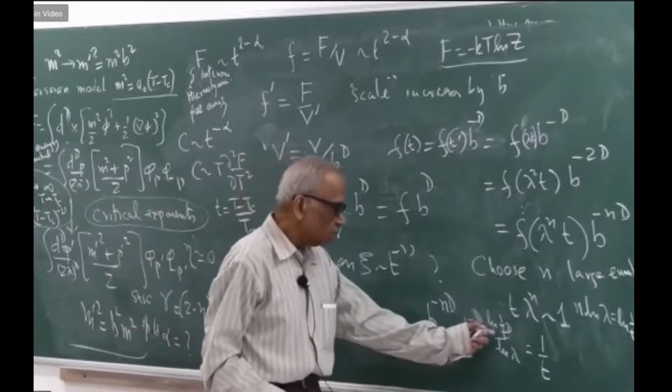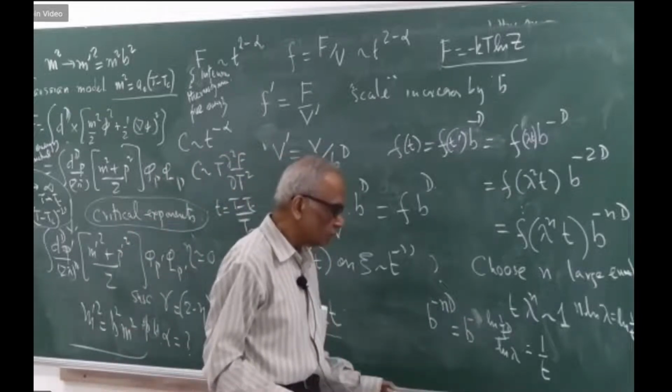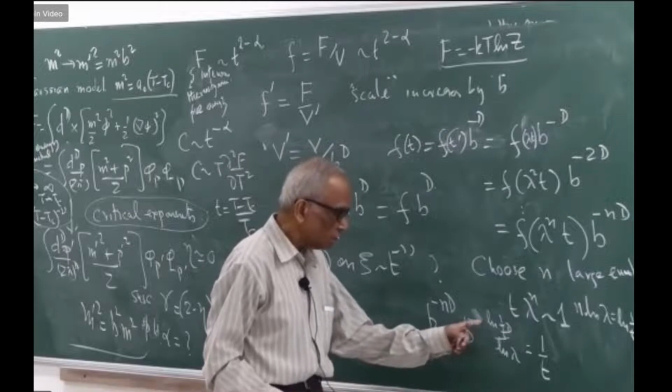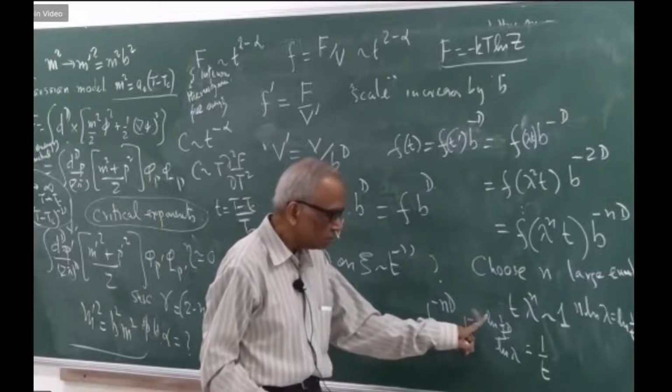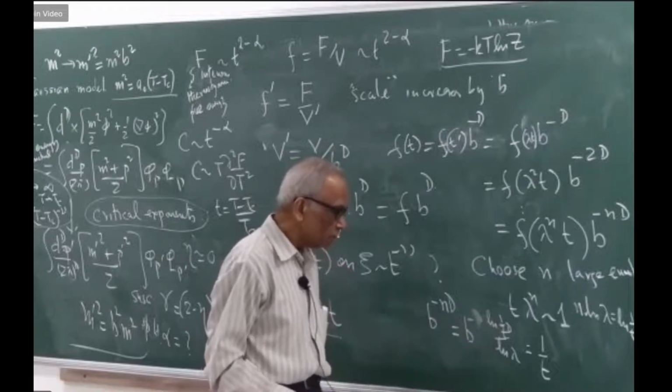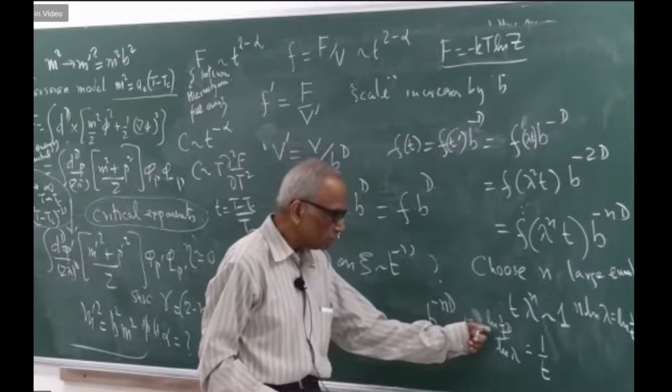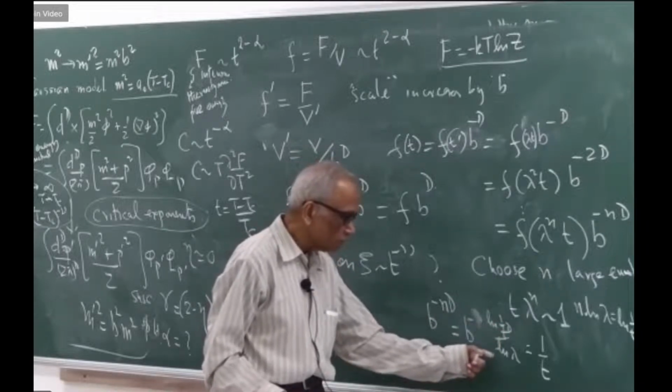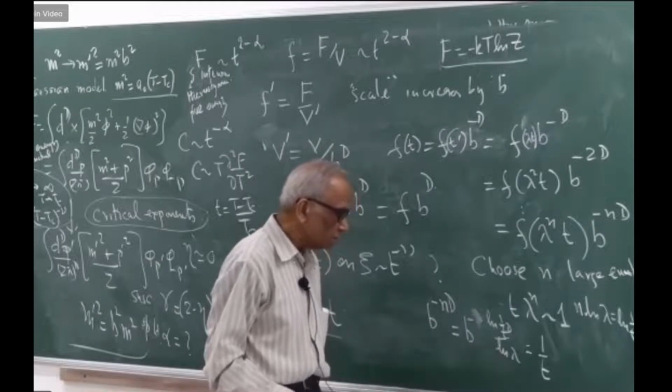So if I write it in that form, the d which I had over here is shifted to 1 over d. So it is b to the power minus log of 1 over t to the power d log lambda.